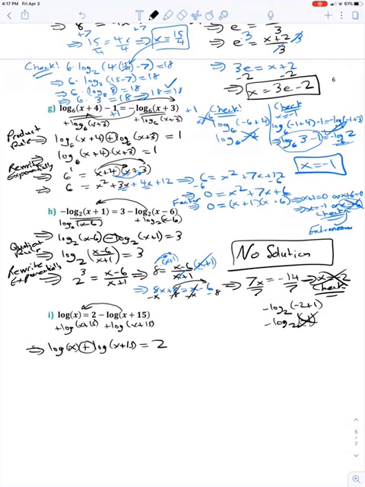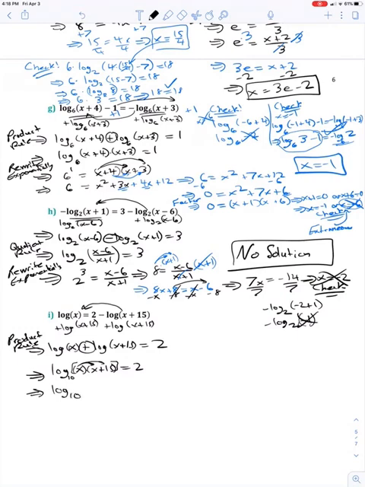And we know since we're adding, we'll use the product rule. The product rule says log of m plus the log of n is equal to log of m times n. So we're going to multiply these together. Again, this is log base 10 of that product. Let's go ahead and multiply that and simplify.